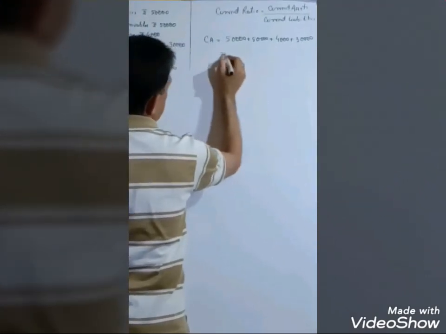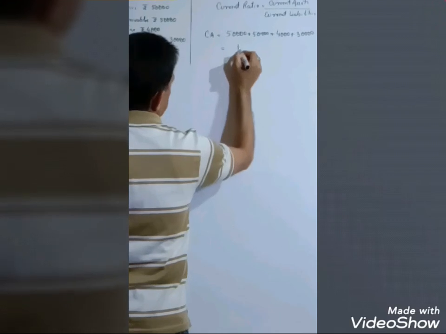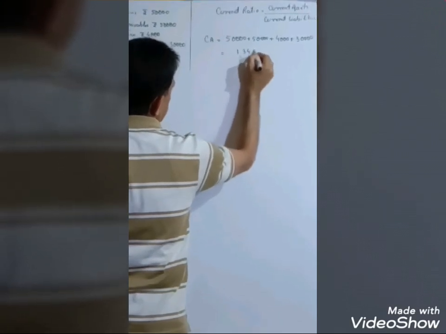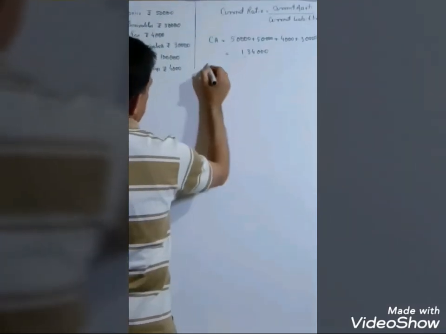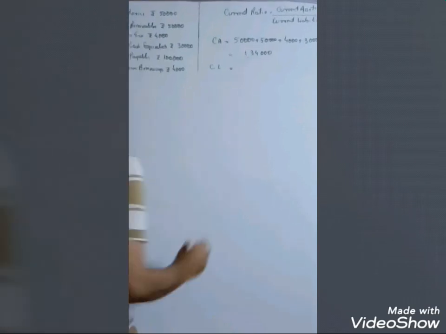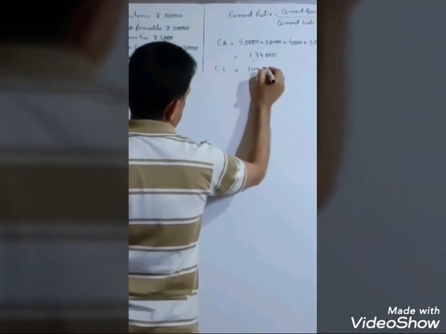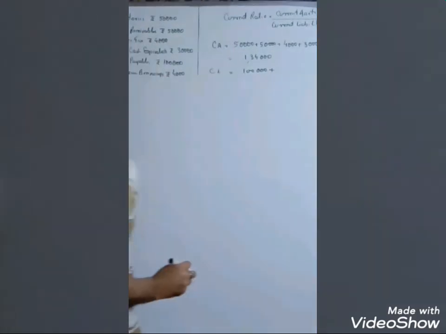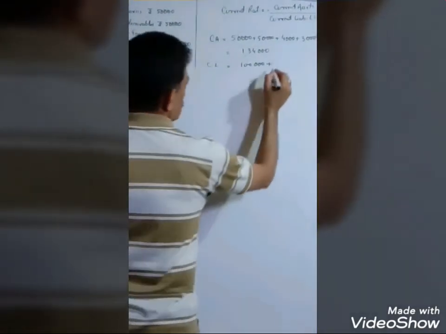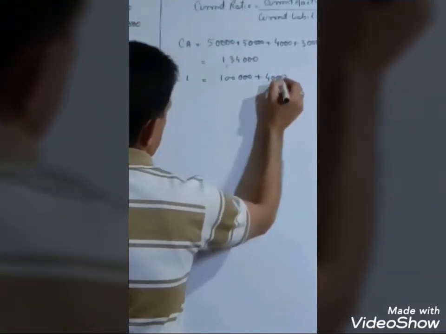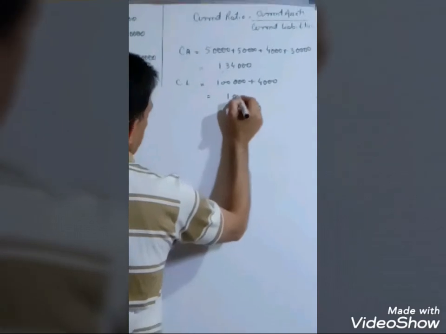So this will be 1,34,000. Now the current liabilities: trade payables rupee 1 lakh plus short term borrowings rupee 4,000. So this will be 1,04,000.